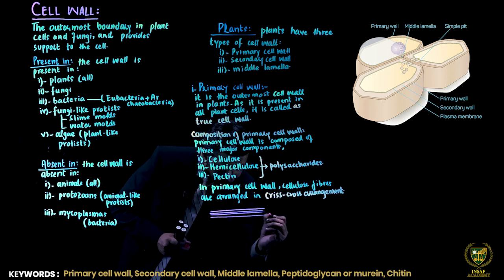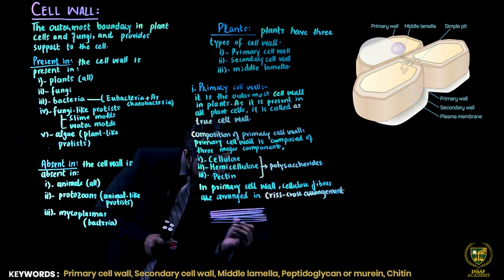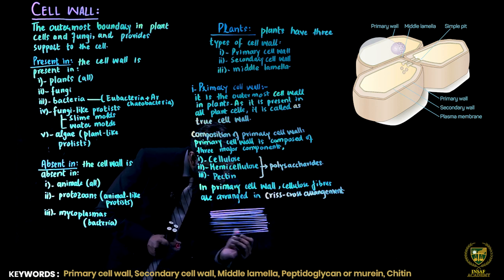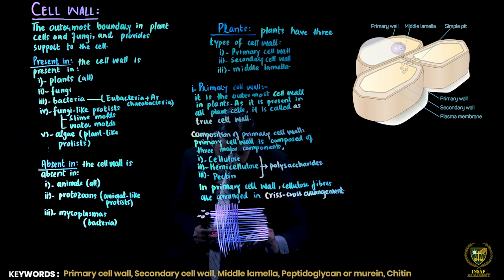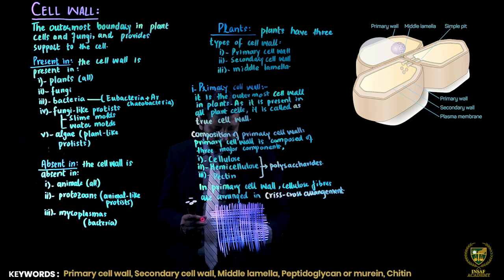So these are the fibers of cellulose, seen under the microscope. So this is known as the criss-cross arrangement. Clear?